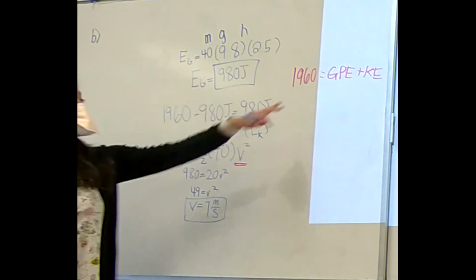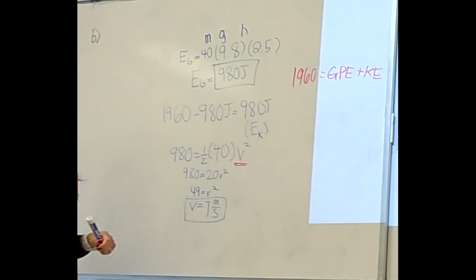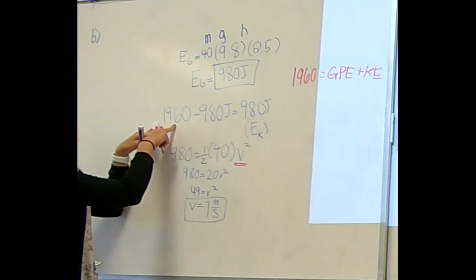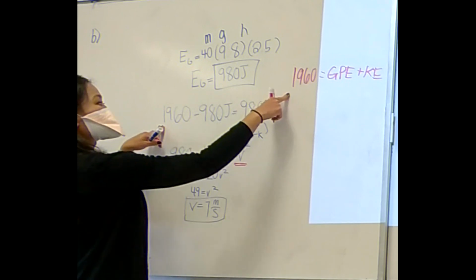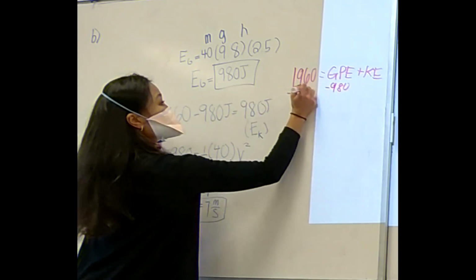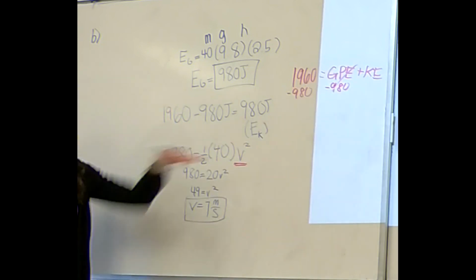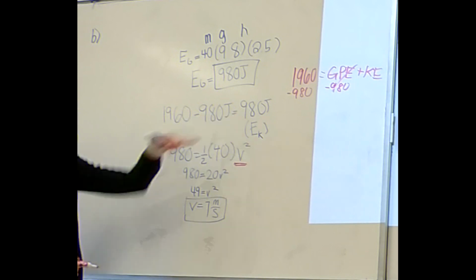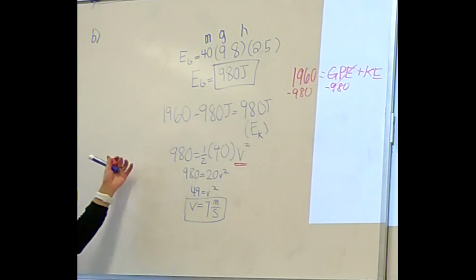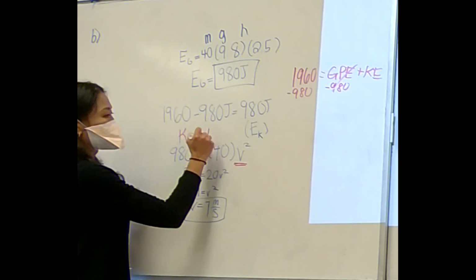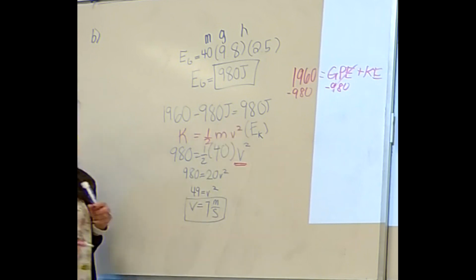And then from here, you can calculate your kinetic energy. So this student took the total, subtracted the 980 from both sides, got a kinetic energy of 980, so it actually turned out to be balanced, and then plugged it into the kinetic energy equation, 1/2 mv squared.